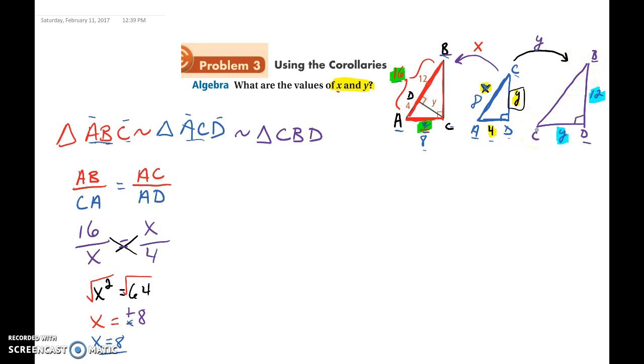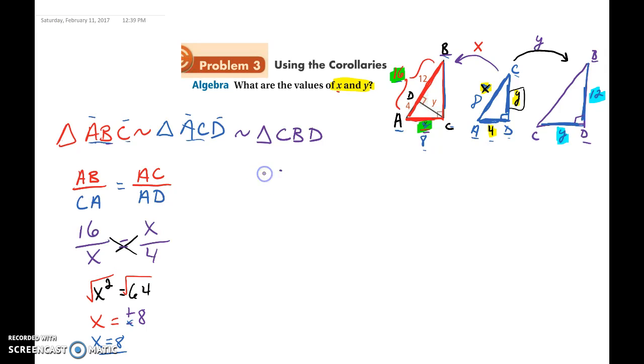I don't know what this side length, BC, is to correspond with this y. So I have to redo a whole other ratio now with the blue triangle and the purple. We know this side and this side correspond, and we know this side and this side correspond, so we're just going to create a proportion. Our y, CD, is what we want to solve for.